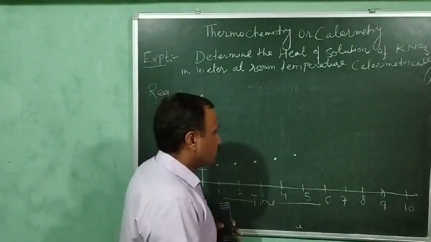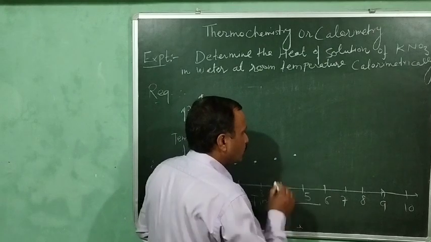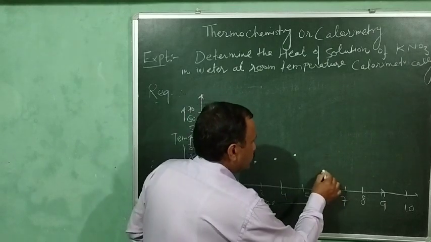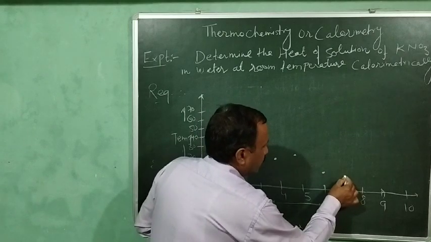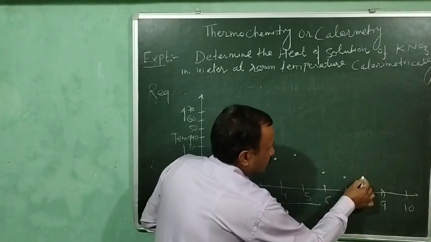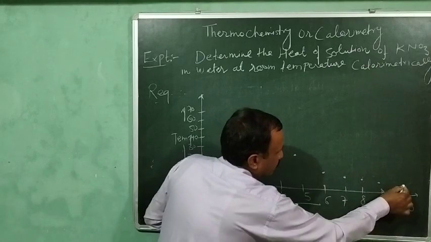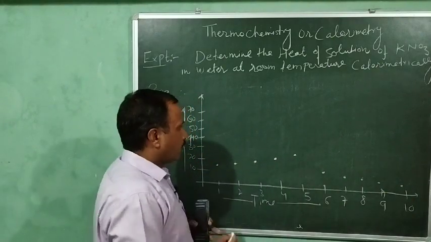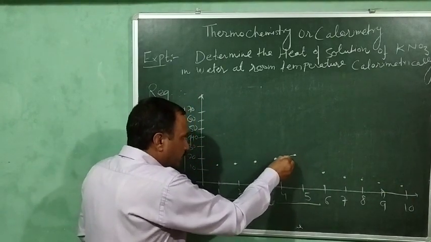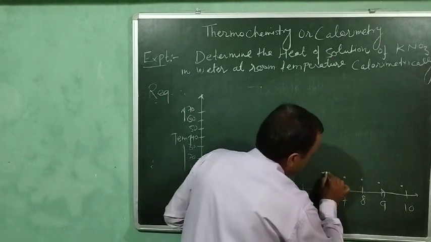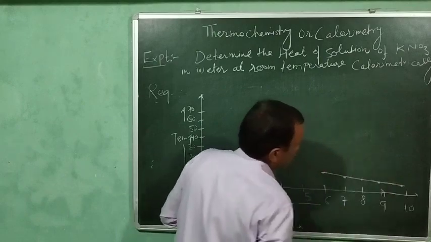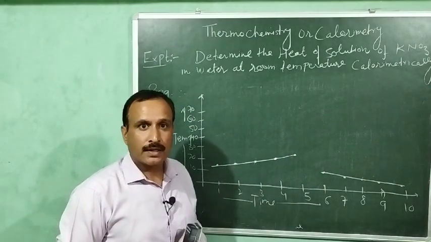So this is the temperature of your solution after 6 minutes, then after 7 minutes, then 8 minutes, then 9 minutes, and then it is 10 minutes. And then we will join these points like this. Okay, then we will join these points like this.